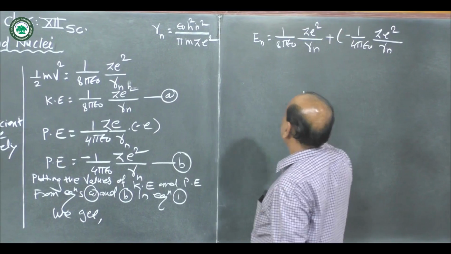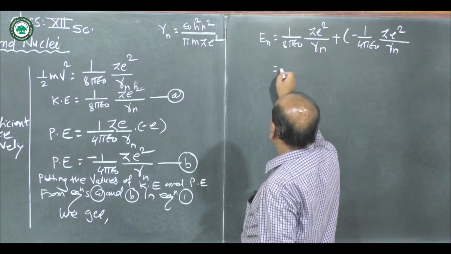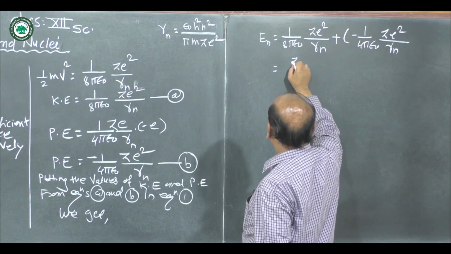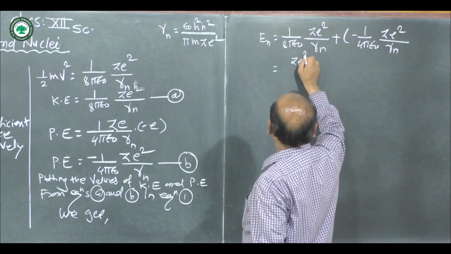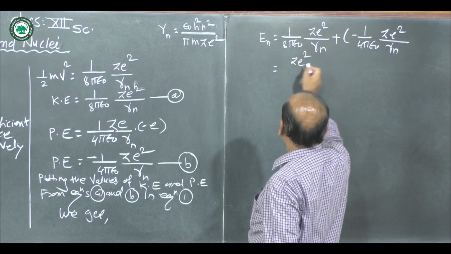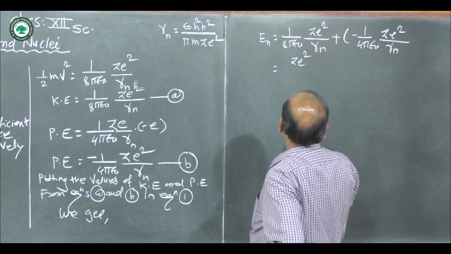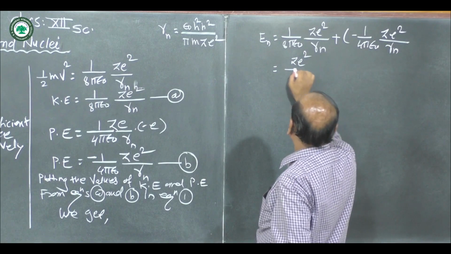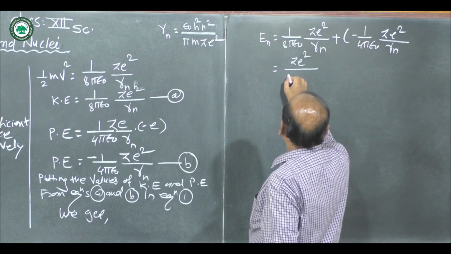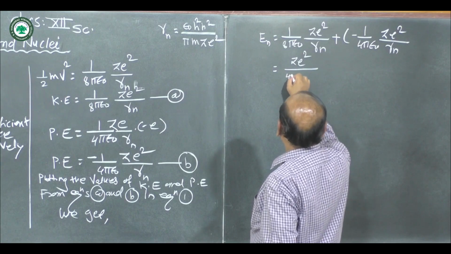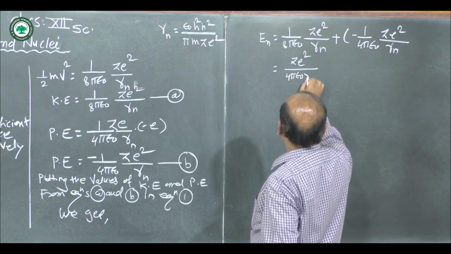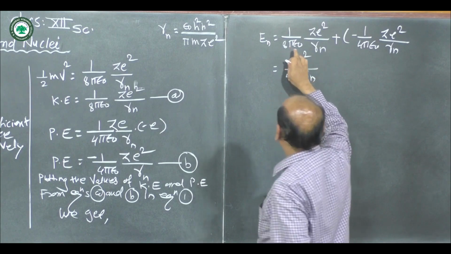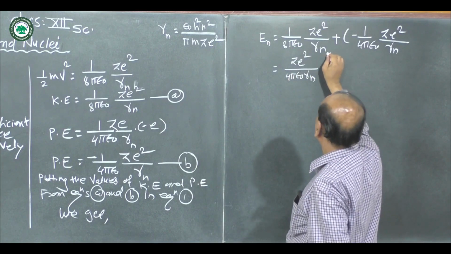Plus minus gives minus. Now taking the common terms outside the bracket, minus Z e square divided by 4 pi epsilon 0 Rn.